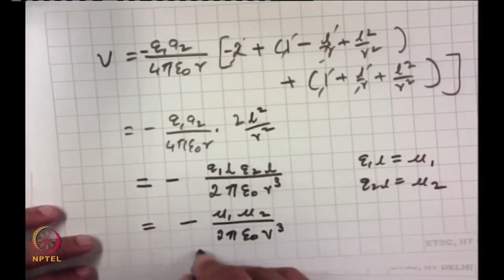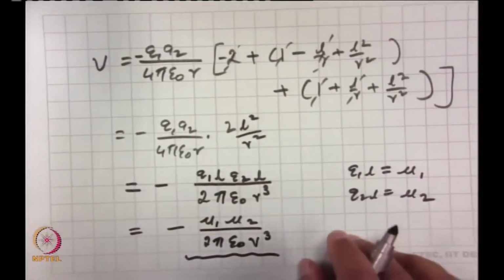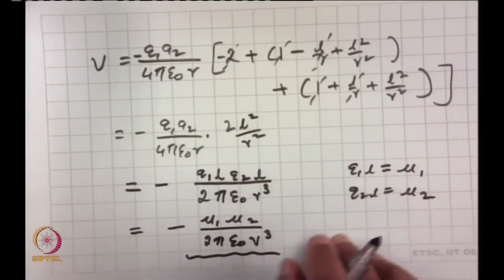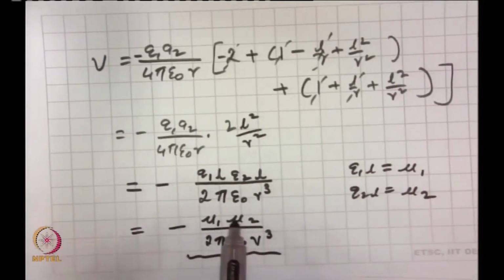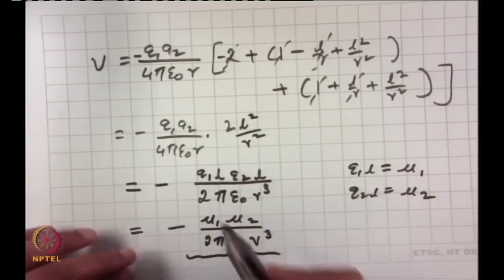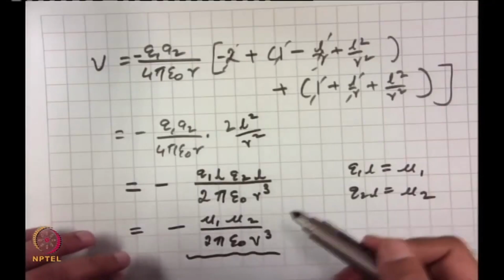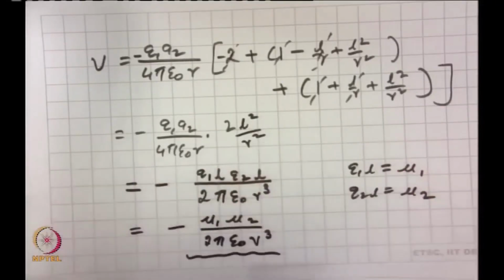So, this is the final form of the interaction. What interaction are we looking at? 2 dipoles. So, think about the corresponding expression for a charge and a dipole. Here you have 2 dipoles, mu 1 and mu 2, that is 2 dipole moments. When you had a charge and a dipole, what did you have? You had mu 1 times q, and then there was a cosine theta term which came from the angular orientation.